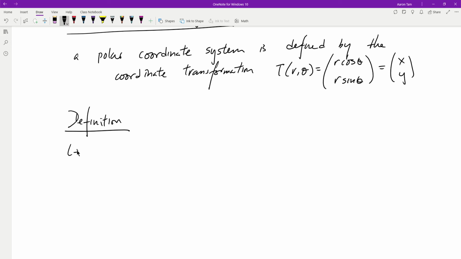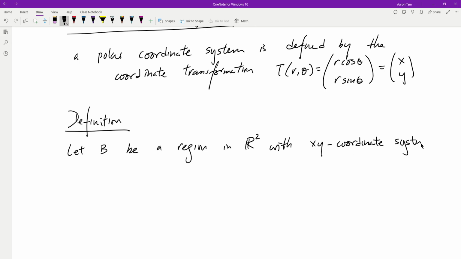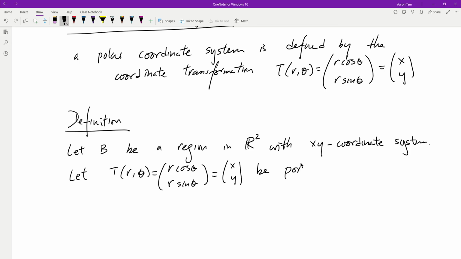So let's say we let B be a region in R2 with the x y coordinate system. And let T of r theta equal r cosine theta, r sine theta equal x y be the polar coordinate transformation.